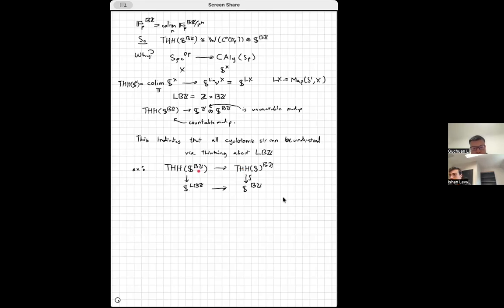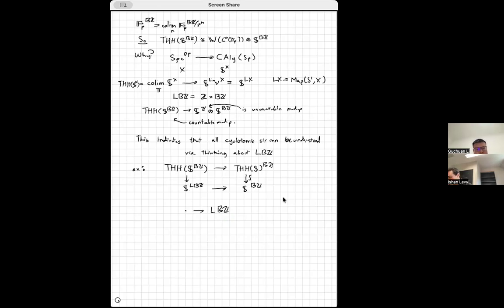And so what is this map? We can figure it out by thinking about the free loop space on BZ. You have a point inside of the free loop space of BZ, and for each point of BZ, you get a map from the circle into BZ, which is the constant loop.